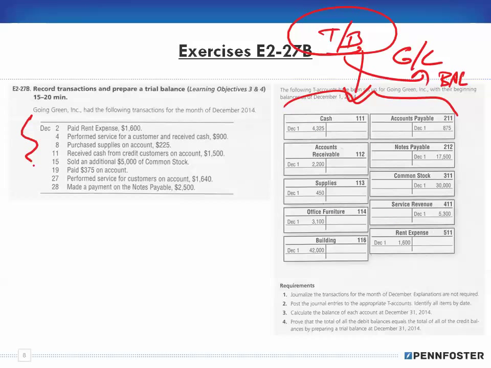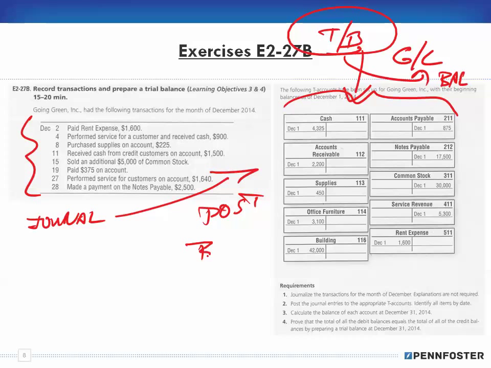Then through the month, you're going to have transactions that you're going to have to journalize, and then you're going to post into those accounts. After you've posted them, you're going to figure out what the balance is in each account. And once you have the balances, then you're going to create a trial balance.